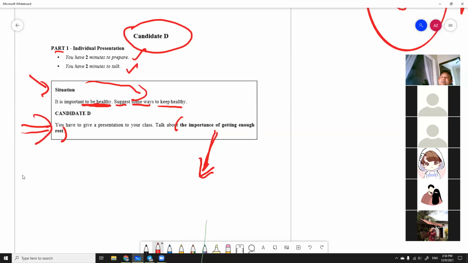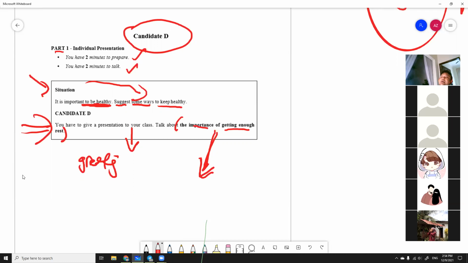You have to give a presentation to your class. So this means you need to come up with a greeting. Greeting means you need to say hello or good morning to everybody who is in the room at that moment. And then talk about the importance of getting enough rest.